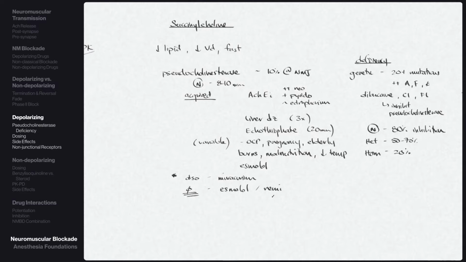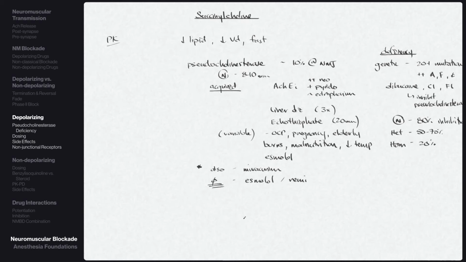Now let's move on to pharmacodynamics, PD. As far as dosing for patients, the often quoted numbers are about 1.5 to 2 milligrams per kilo.